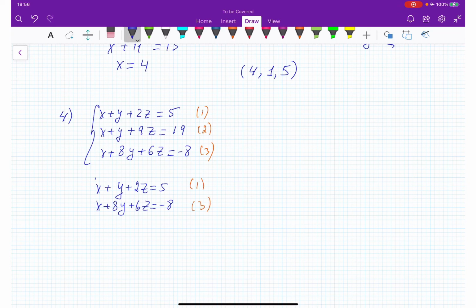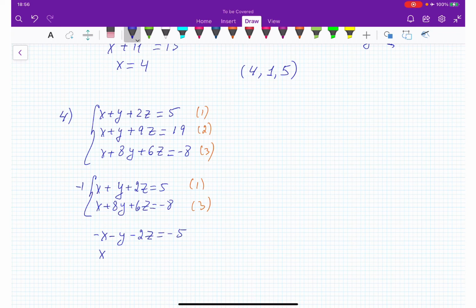By the way, you could use first and second and get rid of y. y is also single, doesn't have coefficient. So, all right, I'm going to multiply by negative 1. It's going to get negative x minus y minus 2z is equal negative 5.